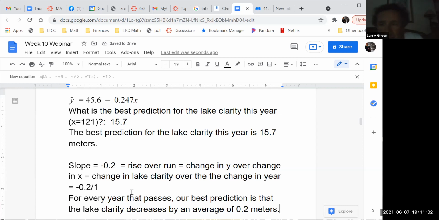Any questions? Any questions on interpreting the slope?